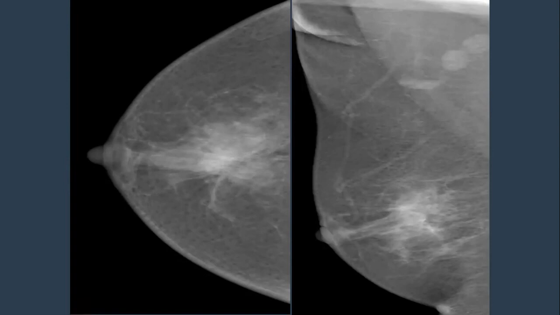Okay, so next. And there are even faint calcifications here, if I could see it well. Faint, so it will be next.